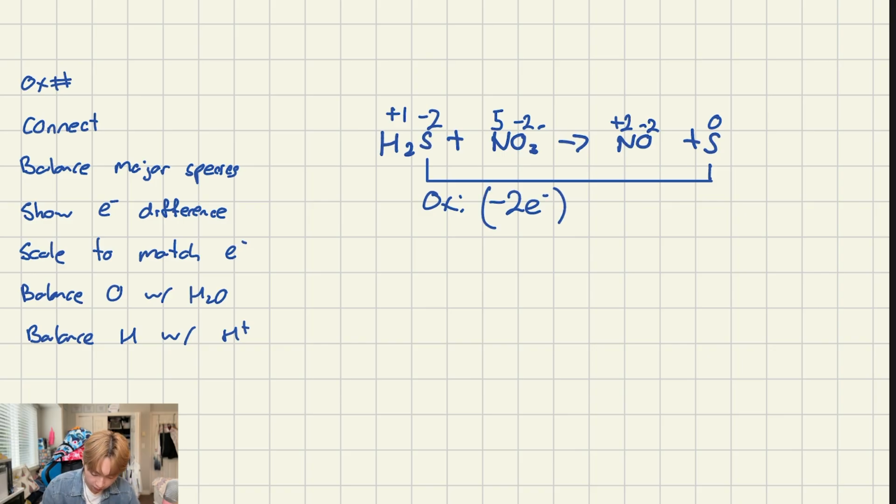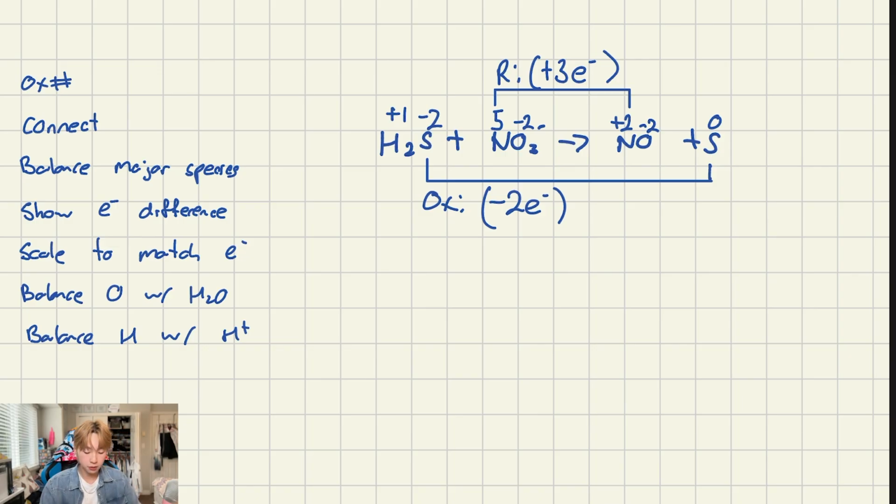Next, we can see that our nitrogen went from 5 to 2. We're going to connect them. So it went down by 3, right? So you gained 3 electrons. That's reduction.